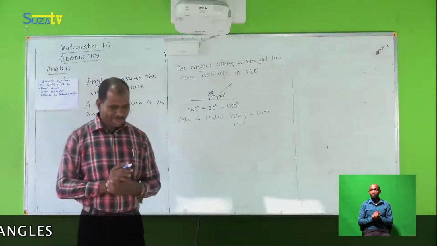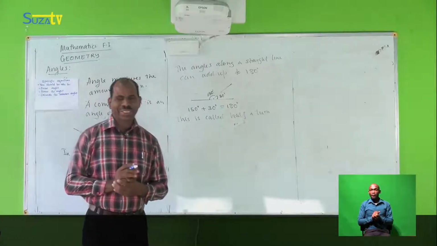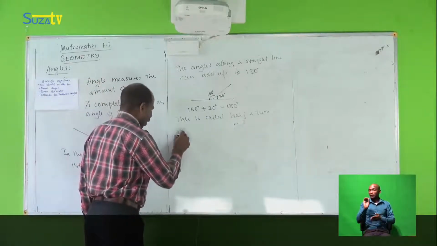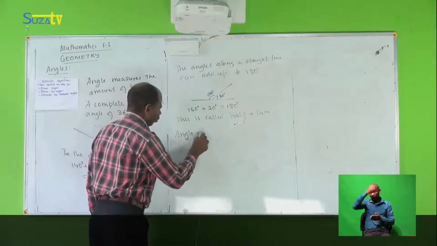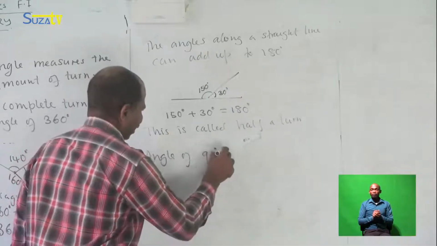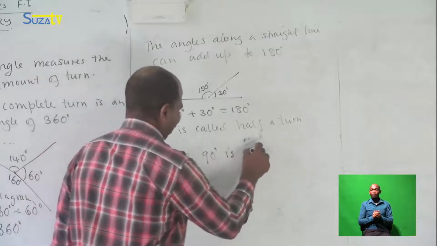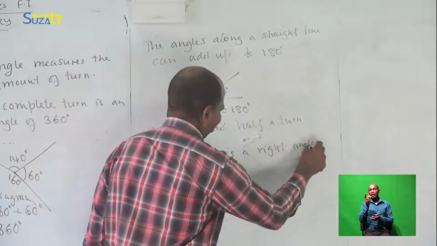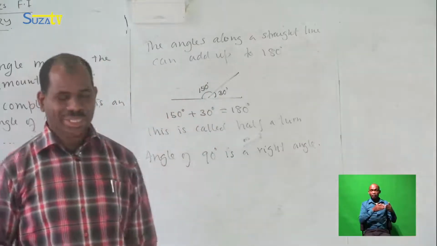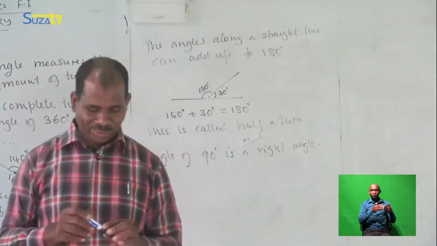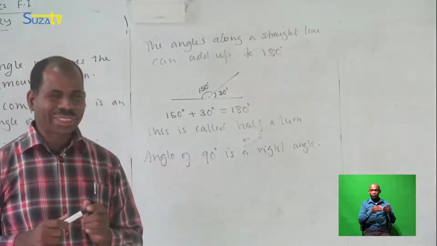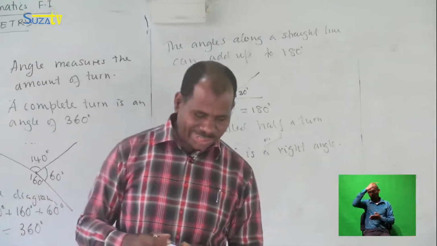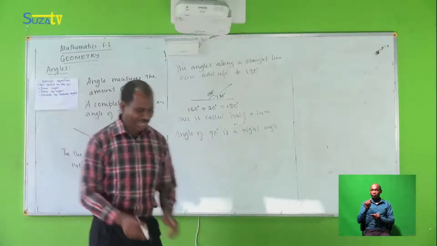An angle of 90 degrees is a right angle. All of us say right angle. A right angle is an angle of 90 degrees. It is also called the quarter turn.